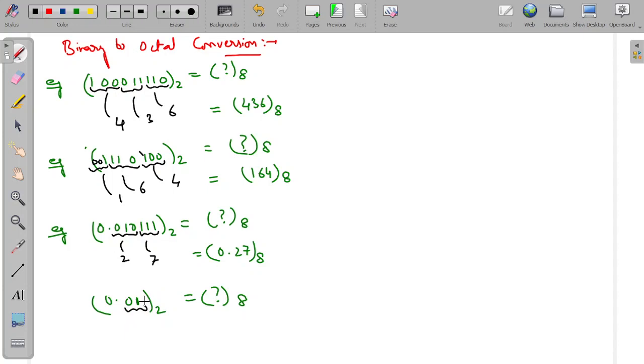One bit is missing. So what will you do? Will you add a 0 here or not? Think about it. What to do for this type of conversion, this type of questions.